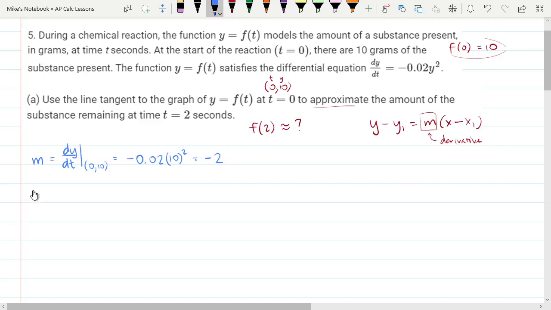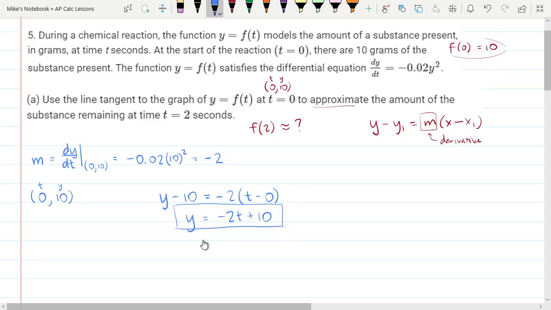And then remember the point, our x1, y1, that's our 0, 10, although it's a t and a y, not an x and a y. Okay, so that means our equation will be y minus 10 equals negative 2 times t minus 0. And if I solve this for y, I'm going to get y equals negative 2t plus 10. So this right here is the tangent line equation.